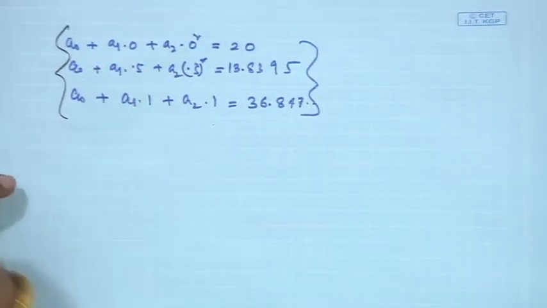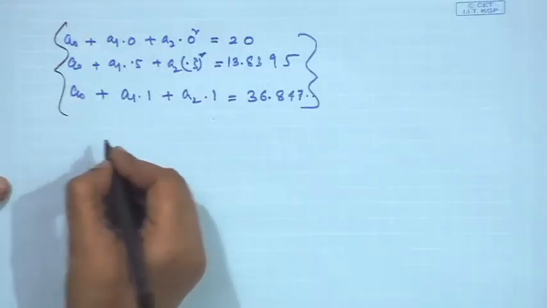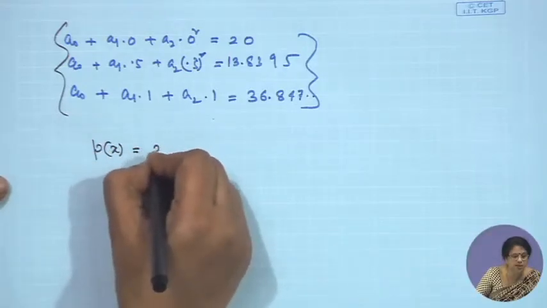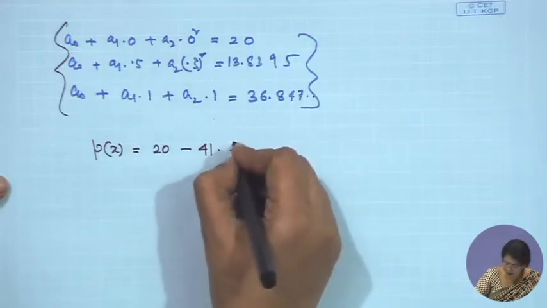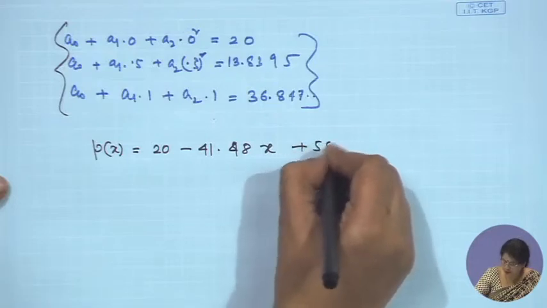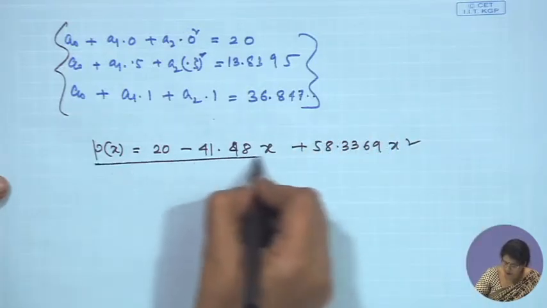Once we have the values for a0, a1, a2, we can say what P(x) is. P(x) is equal to 20 minus 41.548 or so times x plus 58.3369 x square. This is my polynomial.